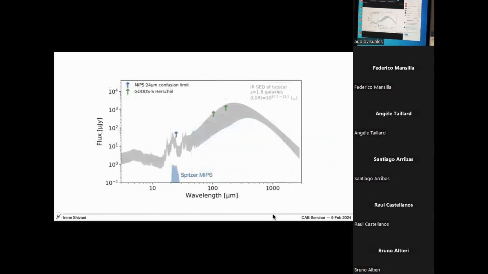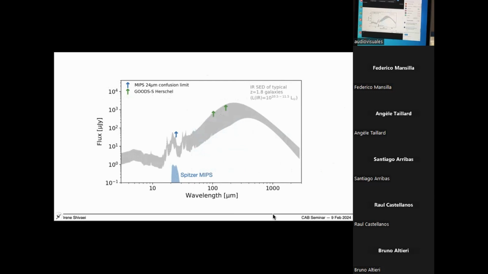Now, going back to our sweet spot of redshift 2, or cosmic noon galaxies, all the results that I showed you before were based on Spitzer data, on Spitzer MIPS at 24 micron. But Spitzer had sensitivity limitations, particularly because of its small aperture. It was confusion limited.